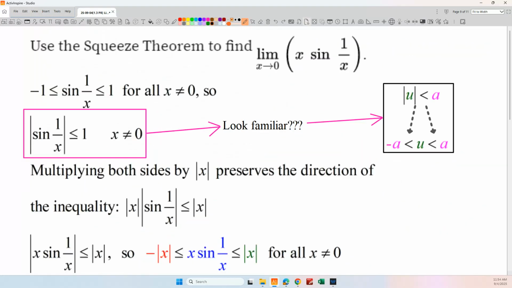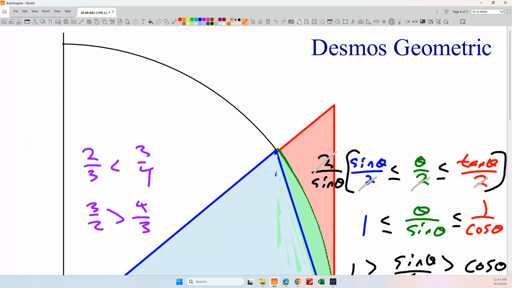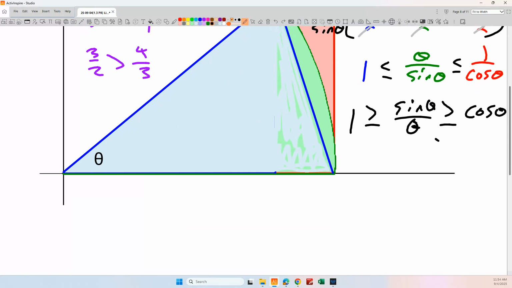Okay, the limit of cosine as theta approaches 0 is what? What's the limit of cosine theta as theta approaches 0? You just evaluate it directly. What's cosine of 0? 1, right? Okay, so then this is true, right?